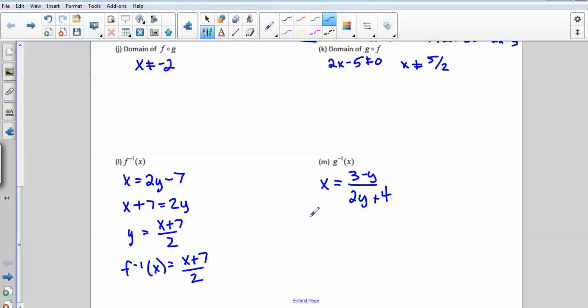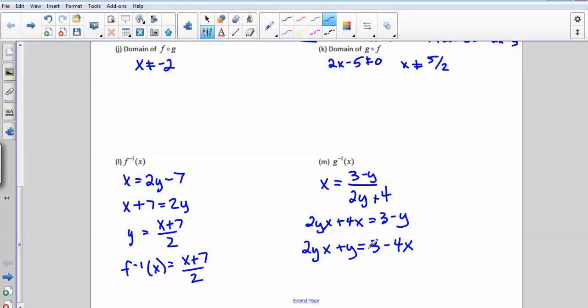So that's going to give me 2yx plus 4x equals 3 minus y. Now you want to get your y's together, so I'm going to add y to move it to the left. 2yx plus y. And I'm going to subtract 4x to move that to the right. So that's 3 minus 4x.